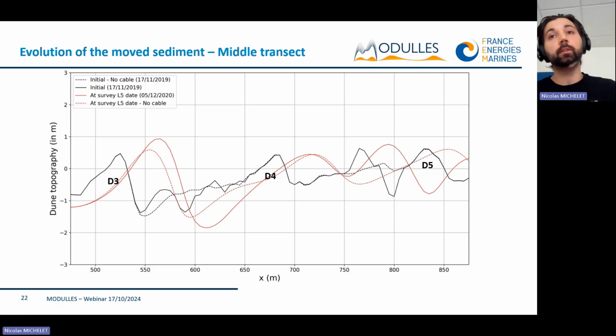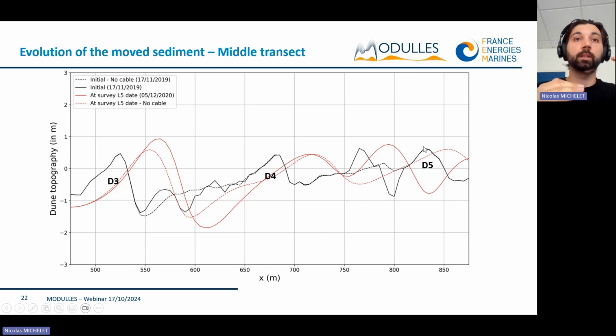But also, since both are of an equivalent height, the recirculation that happens just downstream of this deposit, so this new dune, will have a repulsion effect on the D5. So the D5 dune will move further to the east compared to the baseline case.